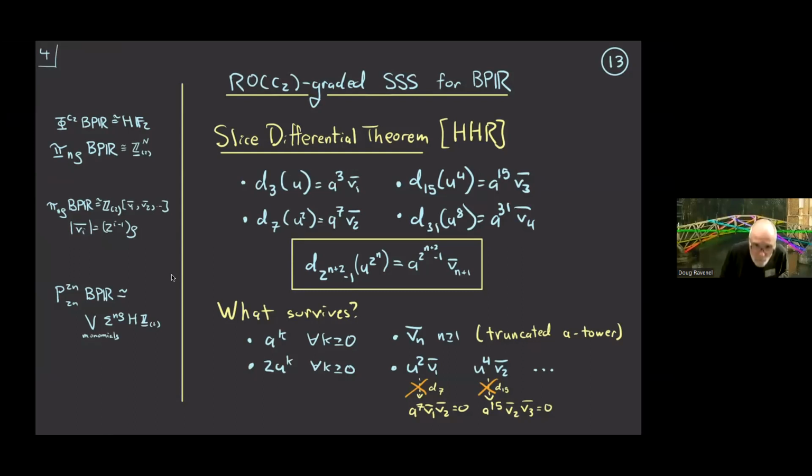Yeah. That class U squared V1 bar can be thought of as a Toda bracket or Massey product, whichever you prefer, in which A to the 7th V1 bar, V2 bar is 0 for 2 different reasons, and that leads you to a Massey product. And similarly with those others.